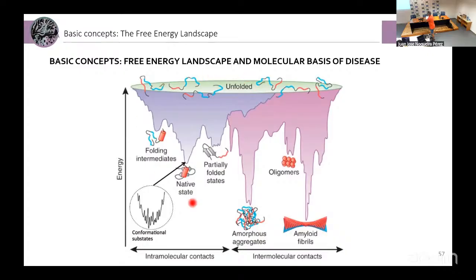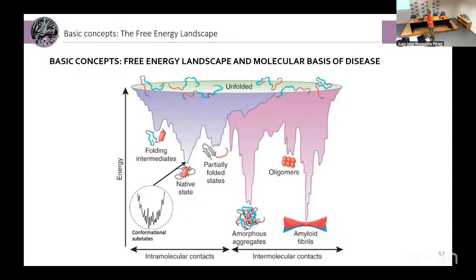Here, this purple colored free energy landscape describes the conformational substates of a particular protein. We see here a native state formed by different conformational substates, and also some folding intermediates and partially folded states. Okay, this can be an example of a prototypical protein.